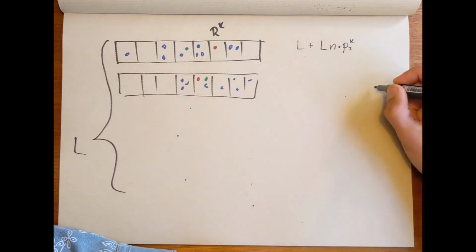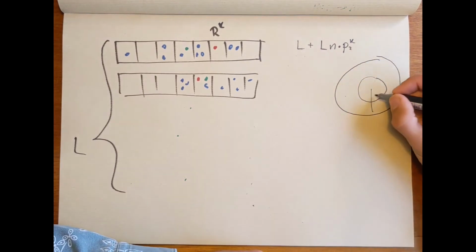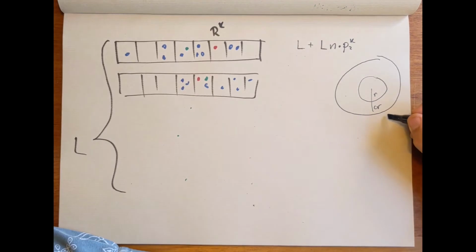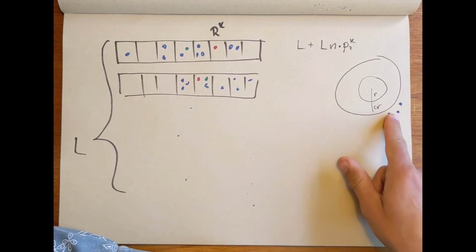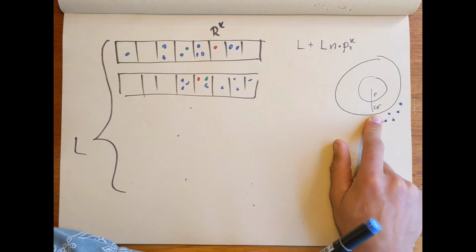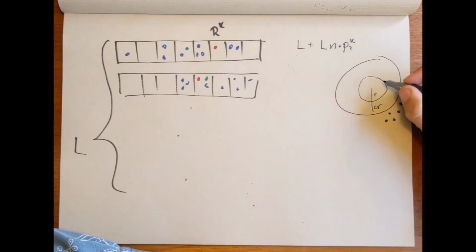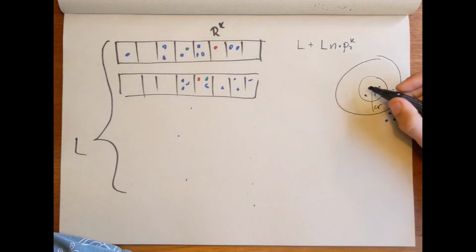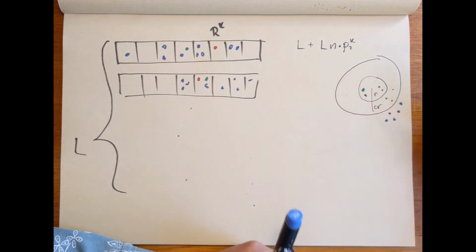Remember, we have these 2 circles, this one of R and CR. And these points out here, they're the ones that we're not interested in. And these are the ones that collide with our query with probability P2, because they're further out than CR. We don't pay for the points that are in here, because obviously if we find a point that's inside of distance R, we just stop.